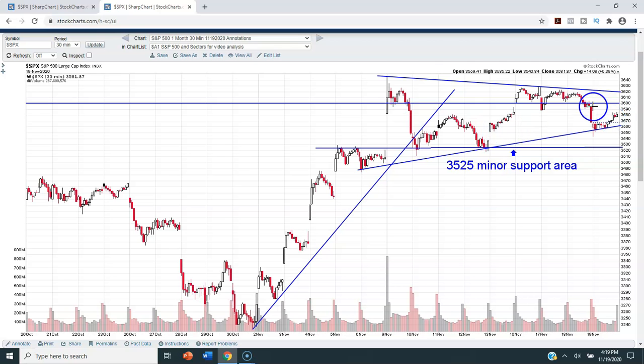Again, another way to look at this is which way are we going to break out of this wedge? Are we going to break out to the upside and go back to closing at new all-time highs above 3,600, or do we break down and trade beneath this wedge and then break beneath 3525? So I think the trading in the market over the next couple of days could be quite telling as to which direction the market is heading, at least in the short term.